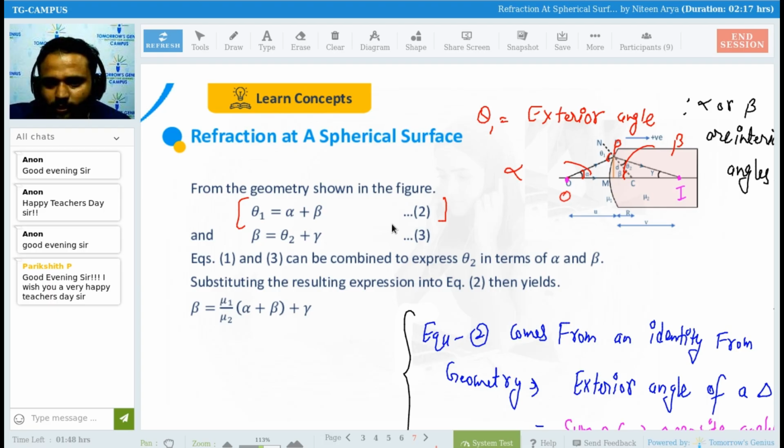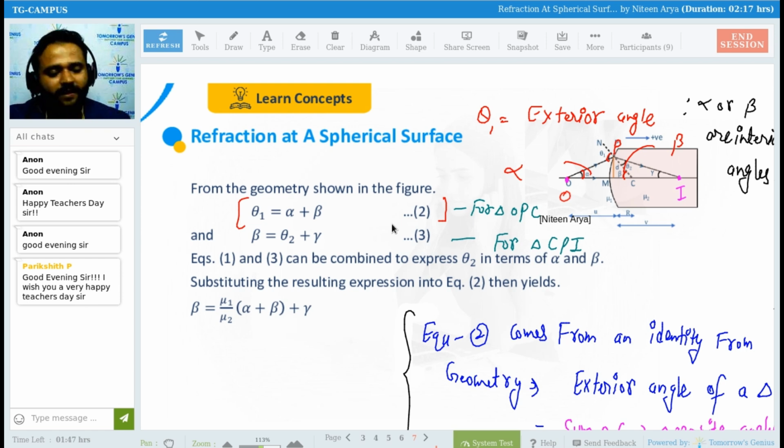This beta2 is the exterior angle, and theta2 and gamma are the interior angles. Clear? Now for triangle CPI, you can write it down, and the earlier one is for triangle OPC. So equation number 2 is for triangle OPC and equation number 3 is for triangle CPI.